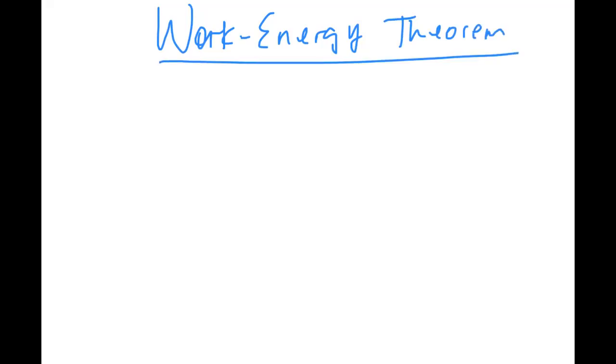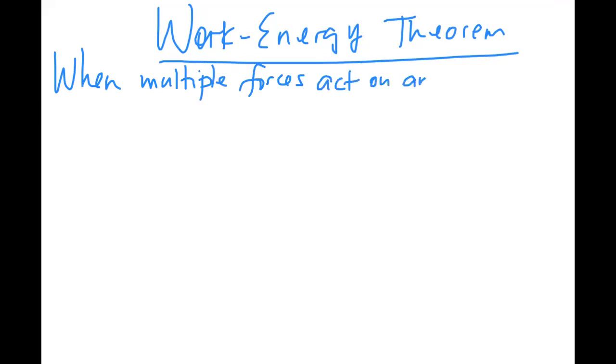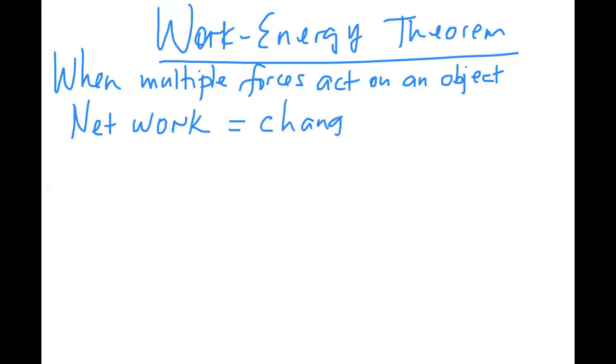The work energy theorem helps us when you have multiple forces. So we are assuming that we have multiple forces acting. When multiple forces act on an object, we say that the net work, we don't just say the work, but net work, because now we have multiple forces, is equal to the change in kinetic energy.